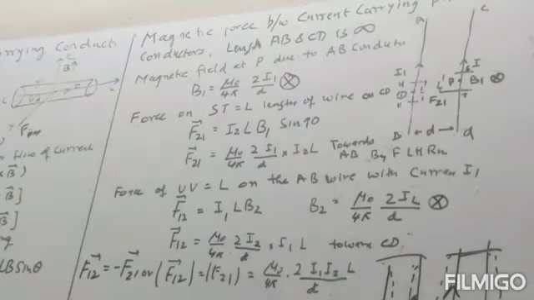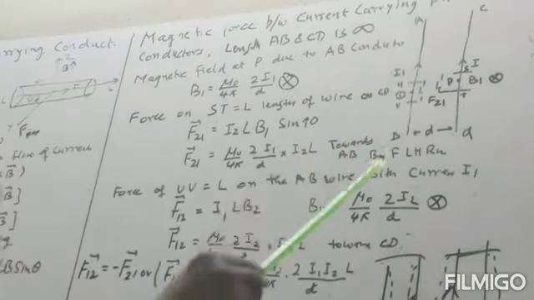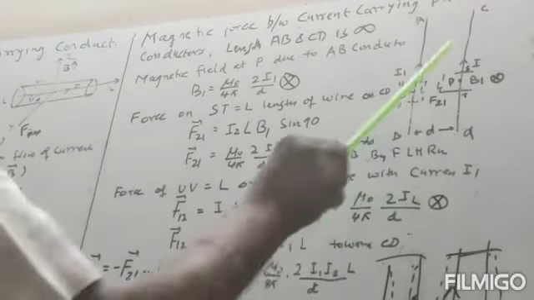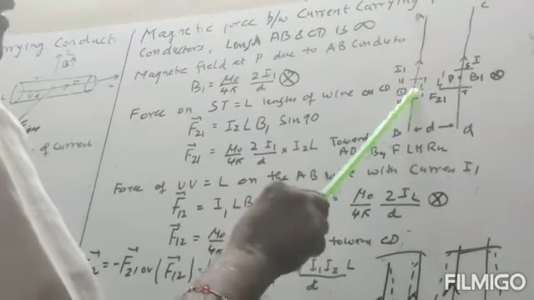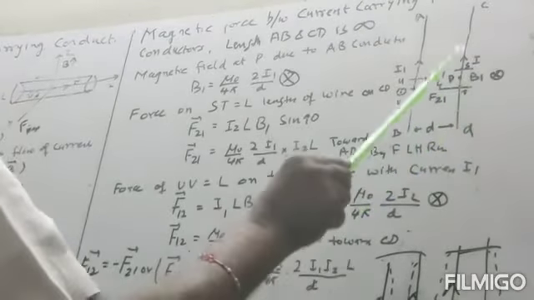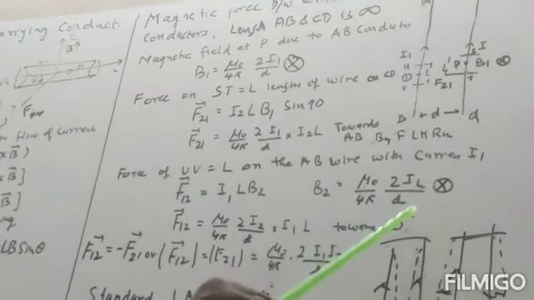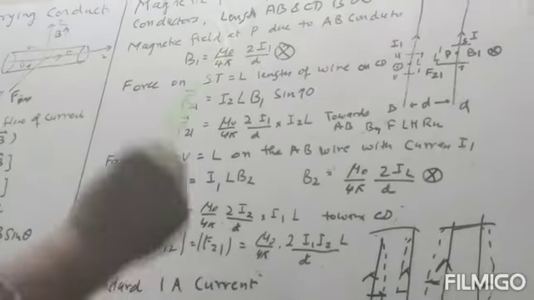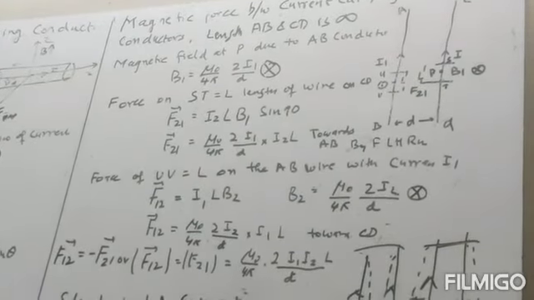The magnetic field here is mu0/4 pi times 2 I2 divided by d. Its direction is given by the right hand thumb rule. What will be the direction? The direction will again be inside. The current is here.